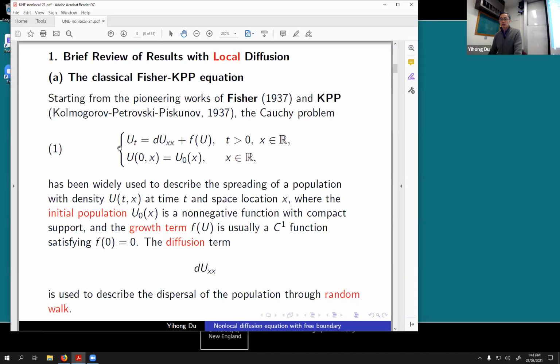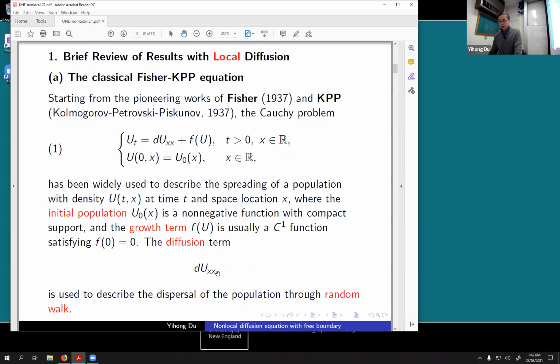And sometimes people call these reaction diffusion equations because this has been used widely to represent a chemical substance, using the density, and then in that context, this is the diffusion, and this is the reaction. So now in biology, this is called a growth term, and this is a dispersal term.